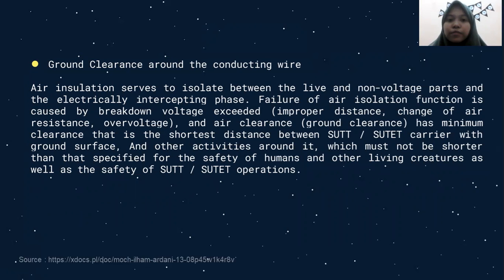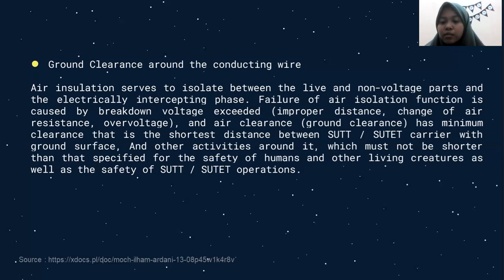Air insulators have to insulate between live and non-voltage parts, and the electrically intercepting phase failure of air insulation function is caused by breakdown voltage being exceeded, or especially improper distance, change of air resistance, or over voltage.